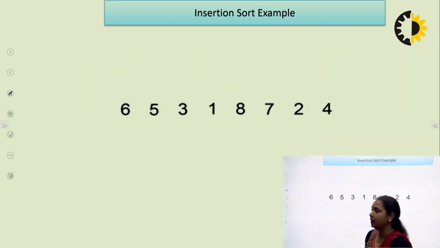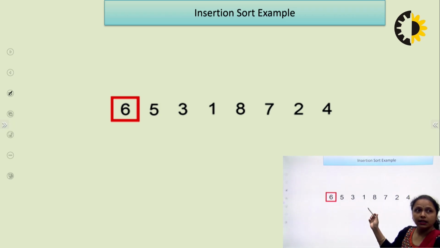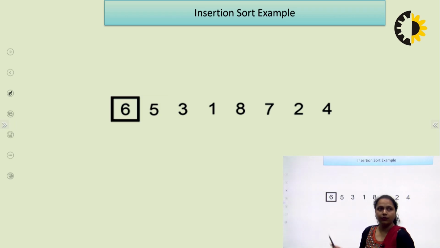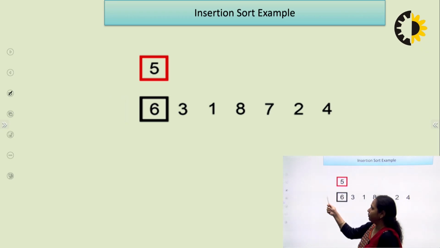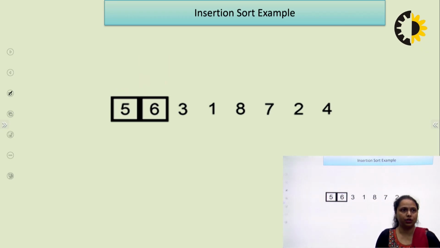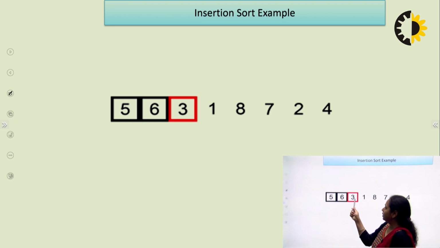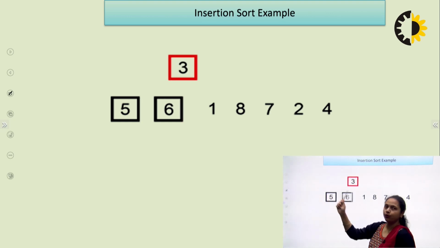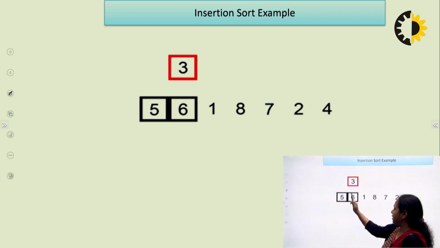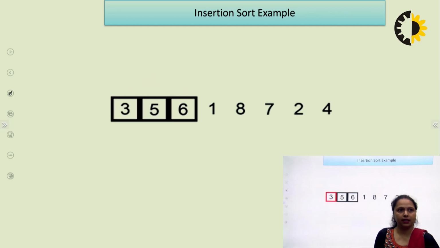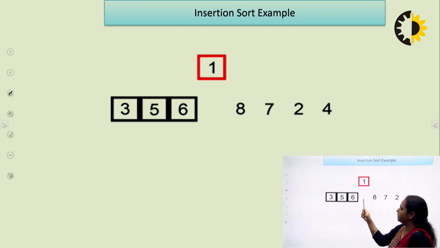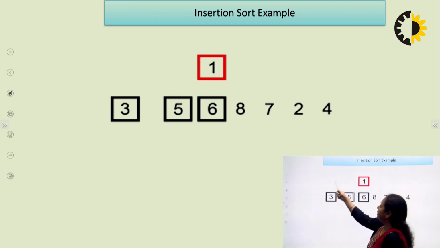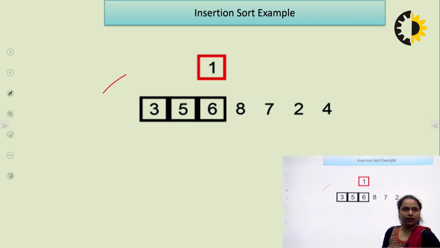For example, if I have the list, you can see, 6, we assume that 6 is at its correct position. Now 5 is smaller, we simply put 5 at its position. Next 3, we simply put 3 before 5 after shifting 6 and 5 one space right. Next we have 1, we shift all the elements one place right, and 1 is placed at its correct position.